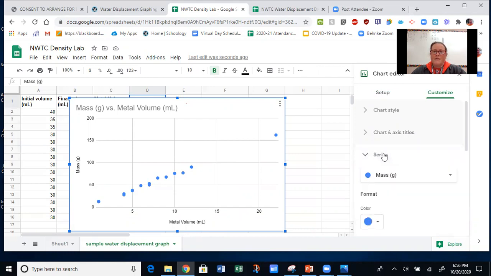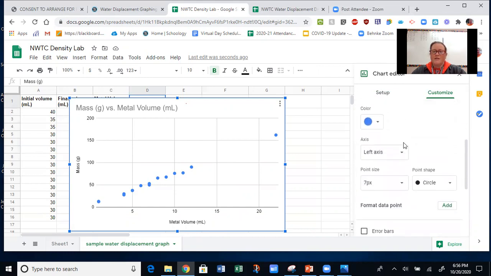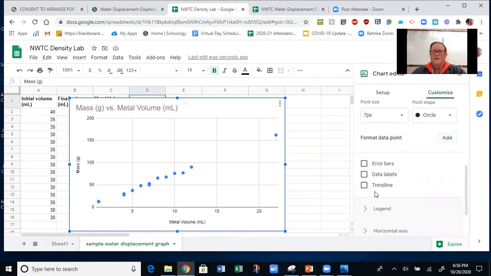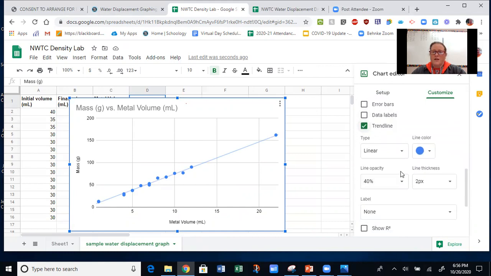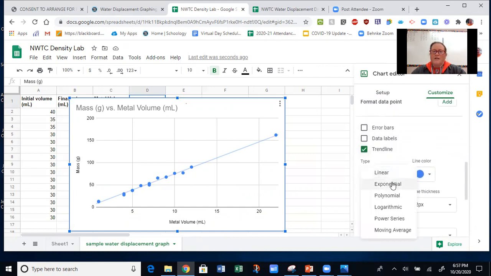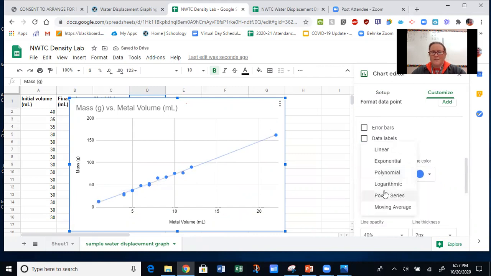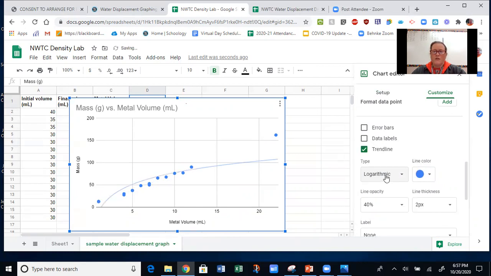I think we click on Series, and we choose Trend Line. And we want it to be linear, not exponential or polynomial. Doesn't look that much different, or logarithmic. So we want it to be a linear graph or a linear trend line.